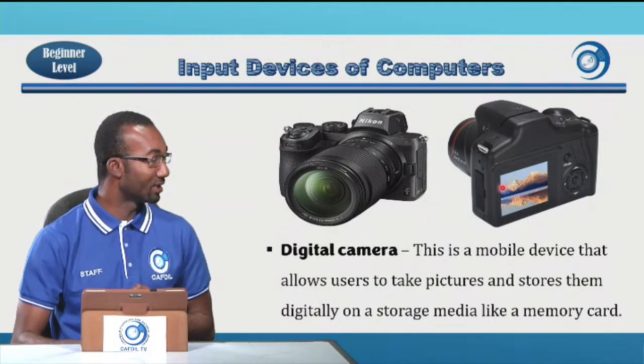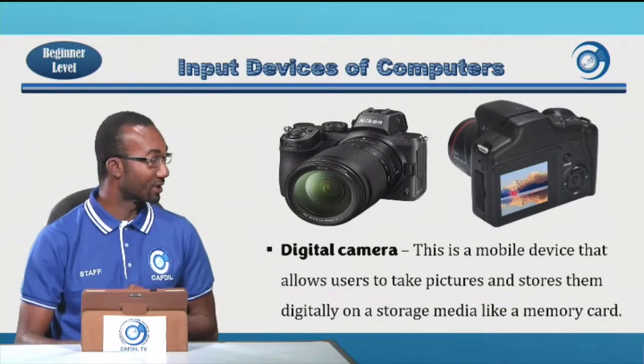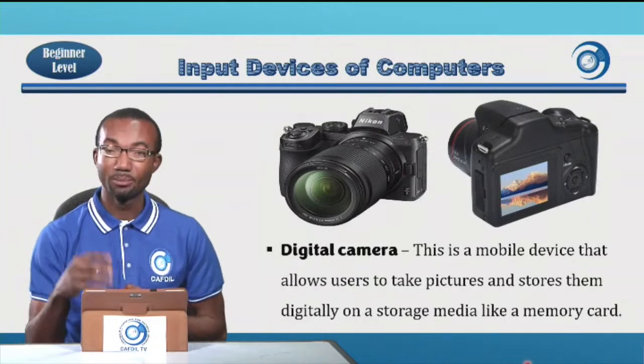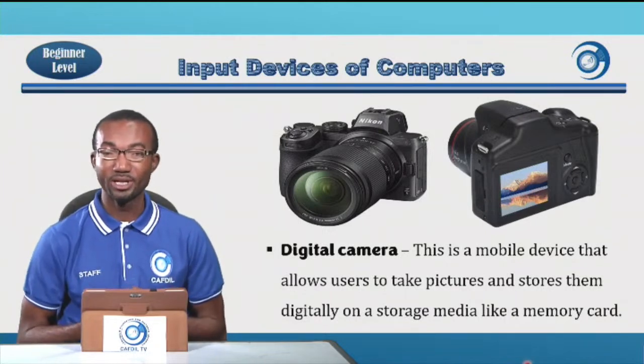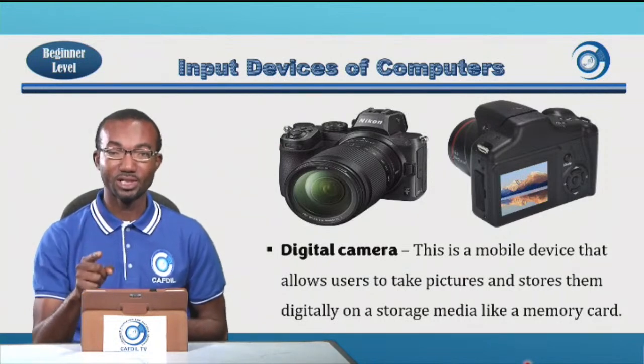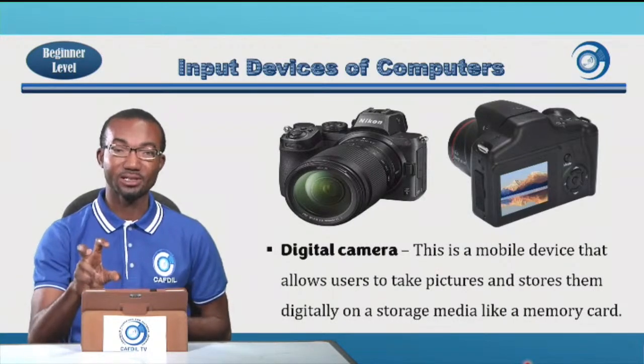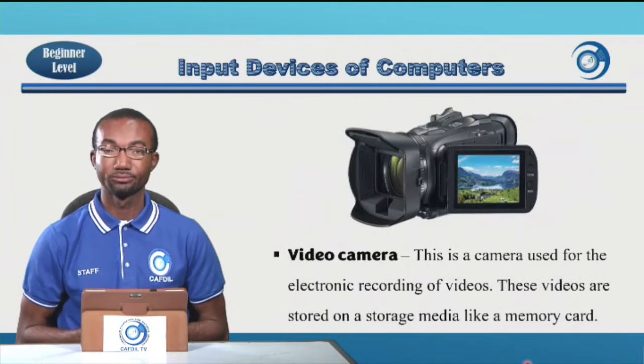So immediately they take the picture, they can even show it to you, whether you like it or not, before they will even go and print it out. And those pictures can be stored on a memory card. So digital cameras feed pictures to the computer system. Data entry. What data do they enter into the computer system? They enter pictures into the computer system.